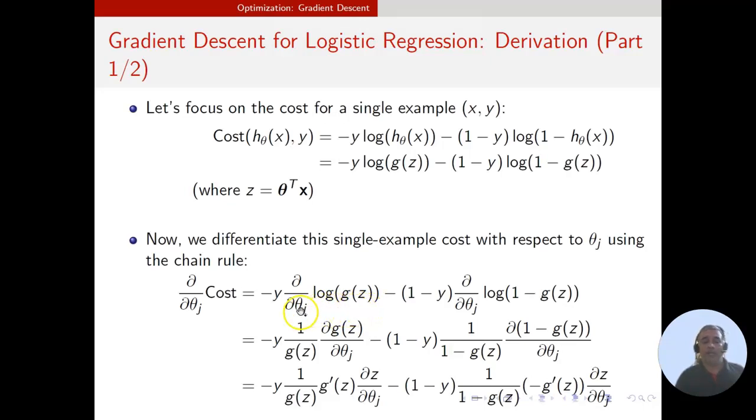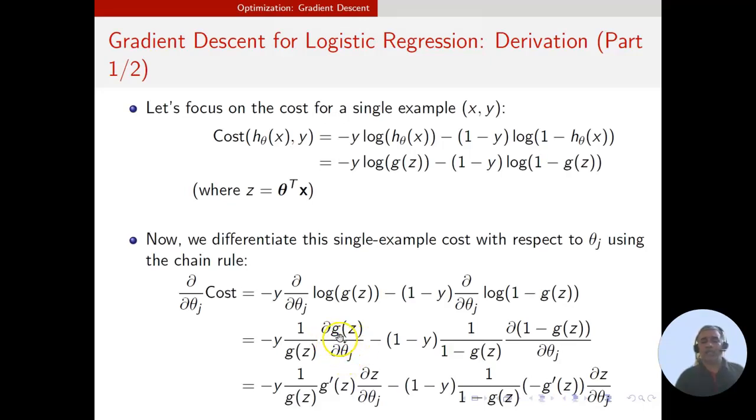We will write it with a chain rule. You consider it as log x. The derivative of log x is 1 by x, so we get 1 by g of z, and now dou g of z by dou theta j.